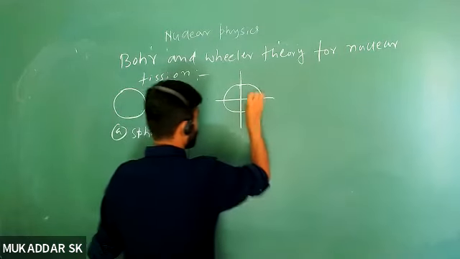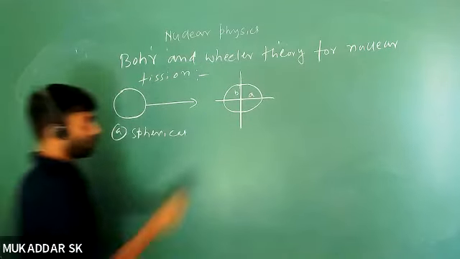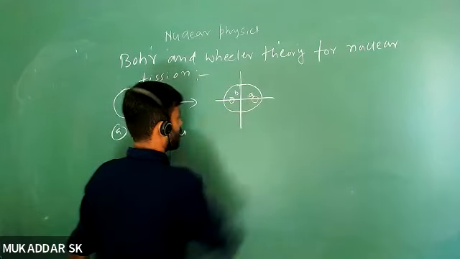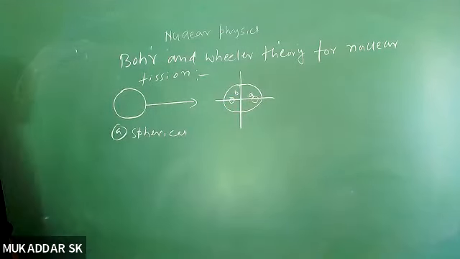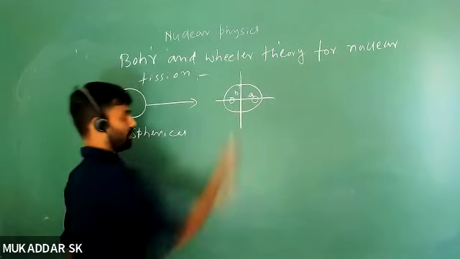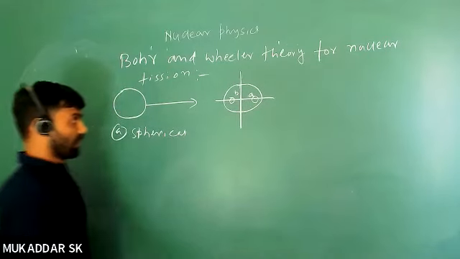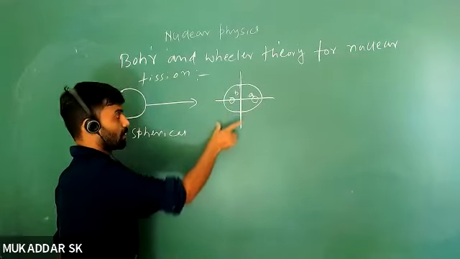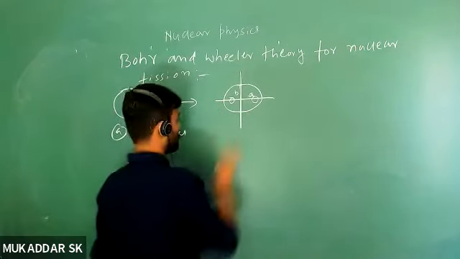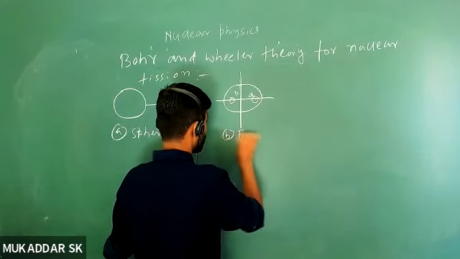Now after that, there will be creation of a positive center around this side. So there will be creation of positive centers on this side and this side. Due to this, there will be Coulomb repulsion, and Coulomb repulsion will again change the shape to a dumbbell. Initially it was spherical, then it becomes elliptical.